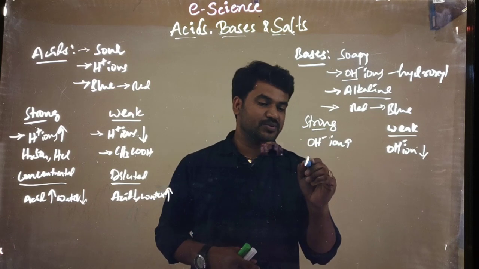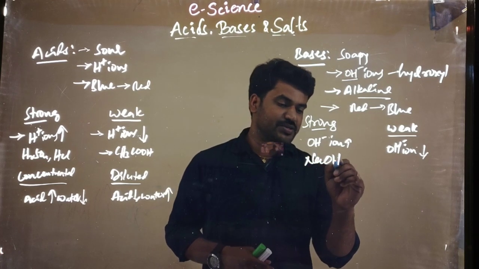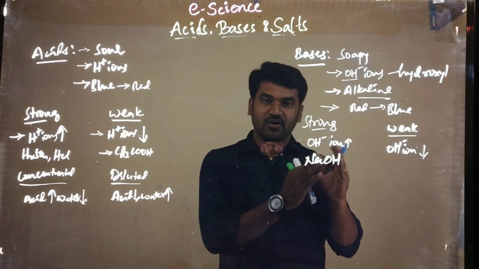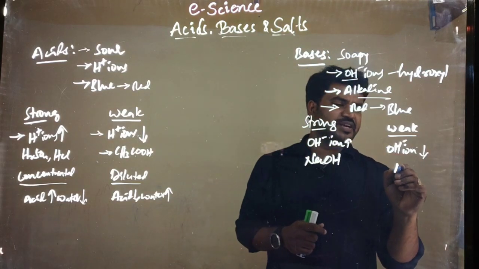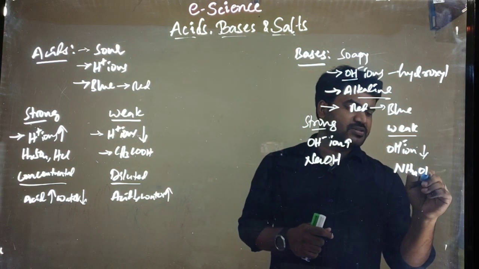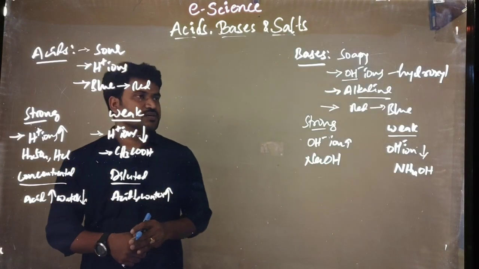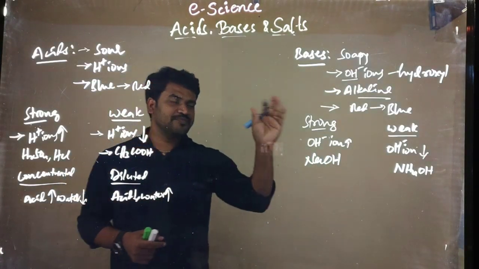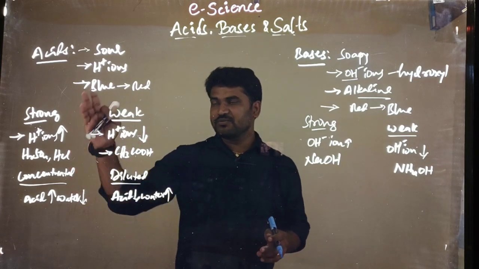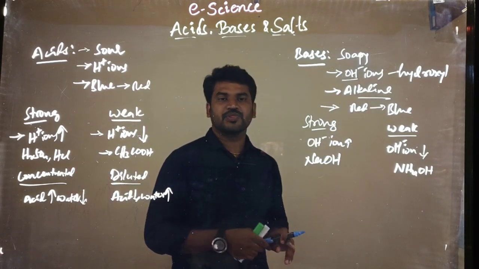Here you can take the example NaOH, sodium hydroxide, as a strong base, and for a weak base we can take ammonium hydroxide. So that is the properties of acids and the properties of bases, right?